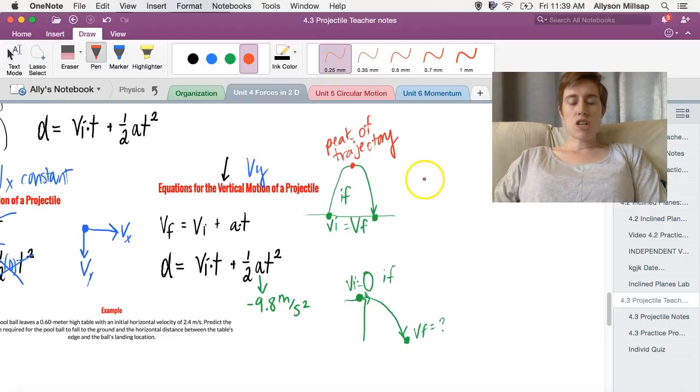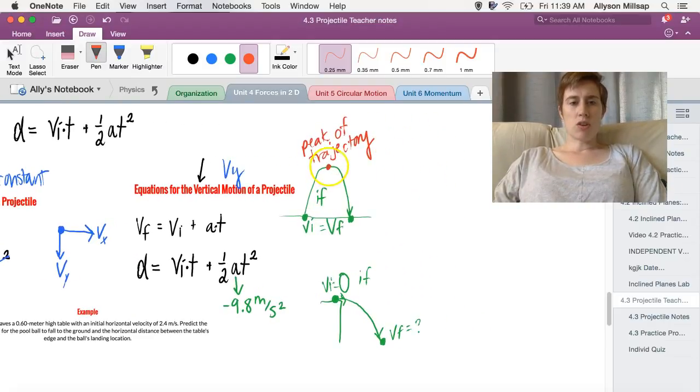At the peak of the trajectory, there's some important things to know. When you're at the top right here, the time it takes to get to the top is the exact same amount of time it takes to get to the bottom. So time to get to the peak is actually twice the total time. Think about it.